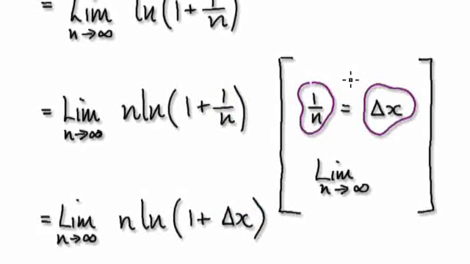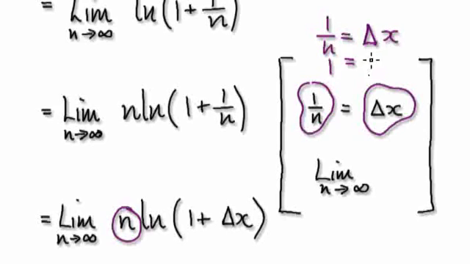Now if 1 over n equals delta x, let's times both sides by n, so delta x times n. Now divide both sides by delta x, so that will give you 1 divided by delta x equals n.